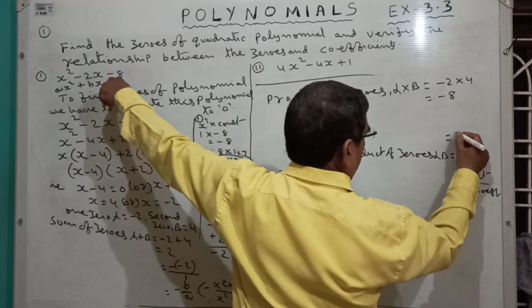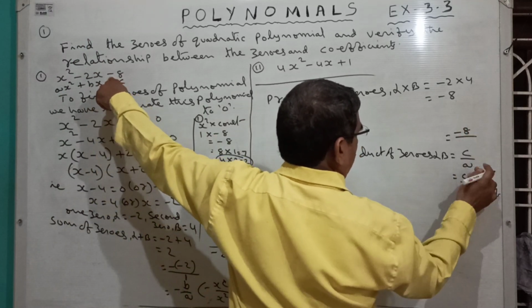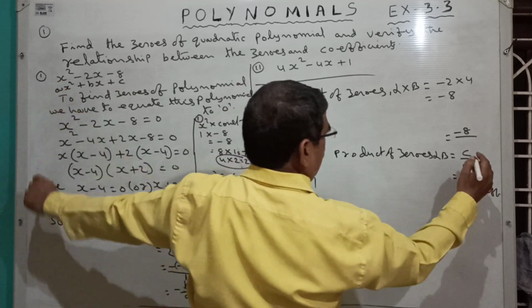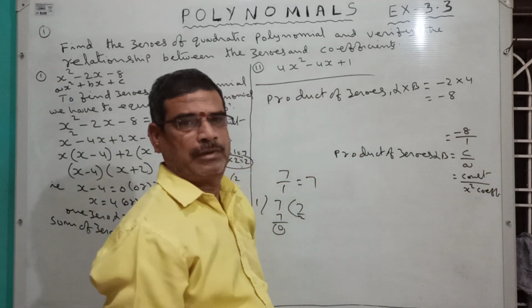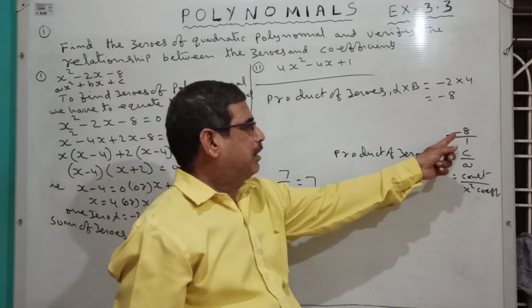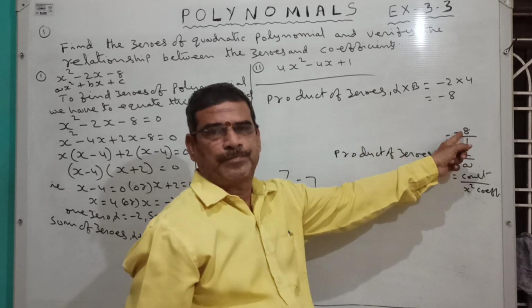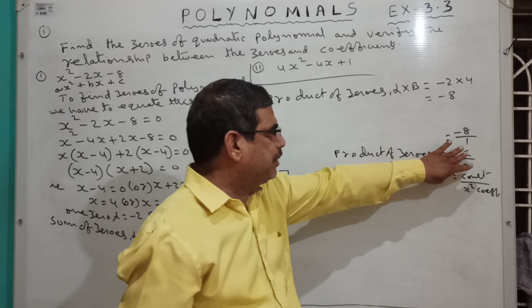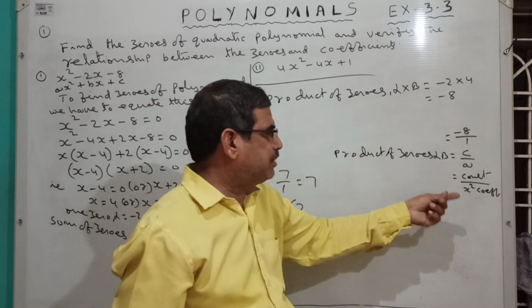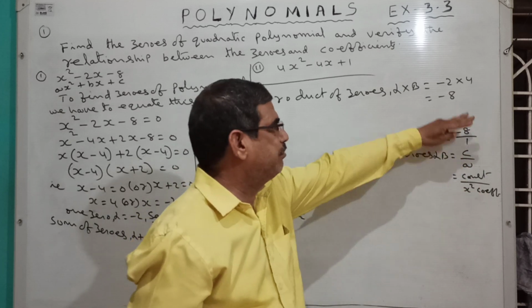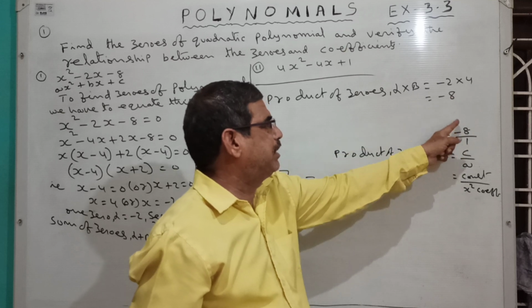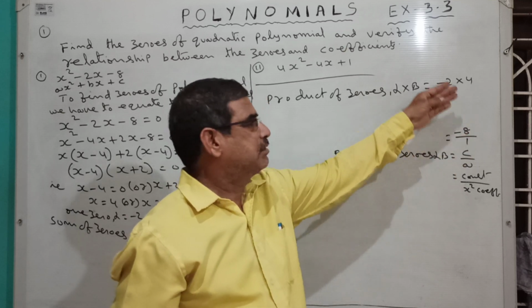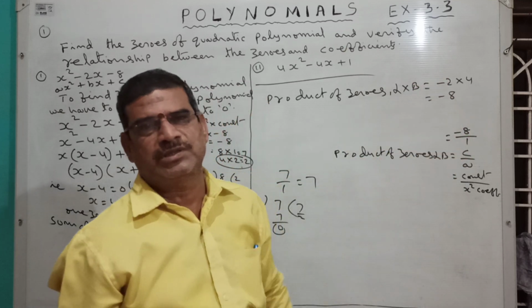So I am writing minus 8 by A, meaning 1. Minus 8, same, 1. I am writing 1 here to get the relation. So both are same. So this is the way.